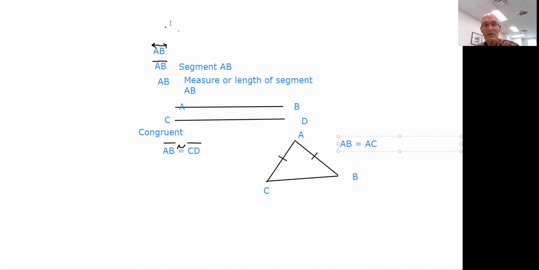So if I come back to the draw and put my arrows on top, that says segment AB, and that says segment AC, and they are congruent. So add the little curlicue on top of the equal sign, okay?